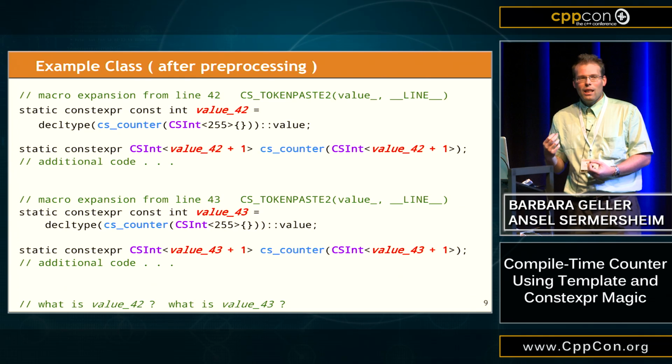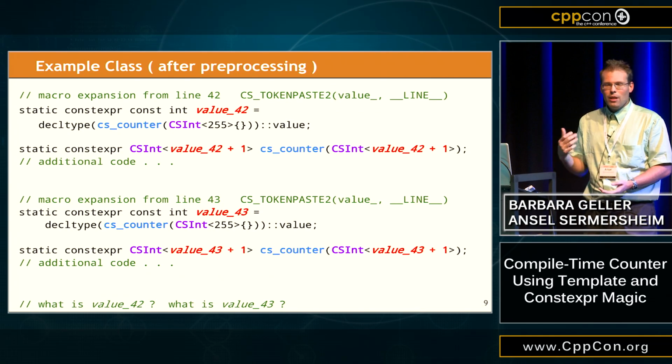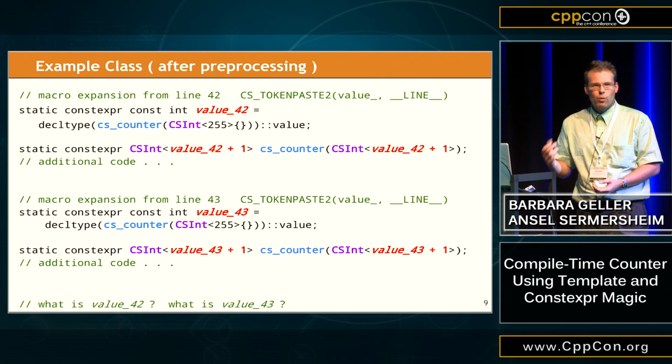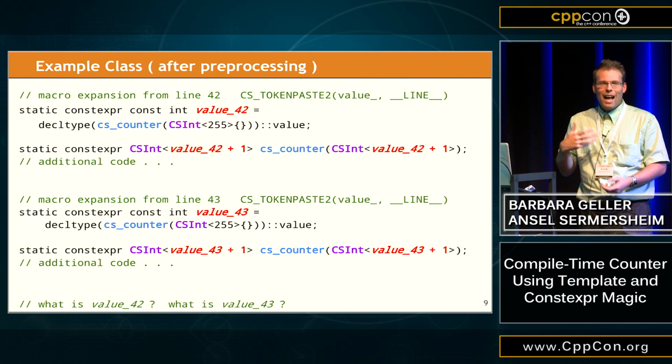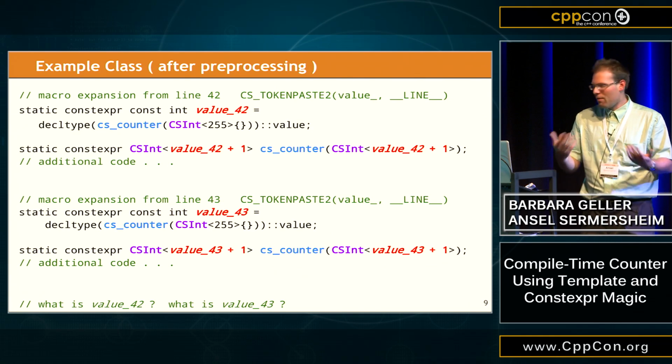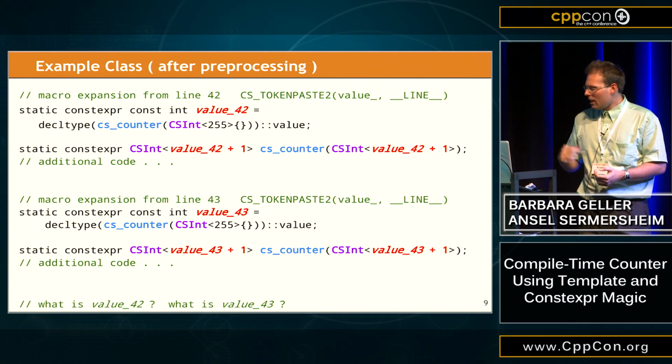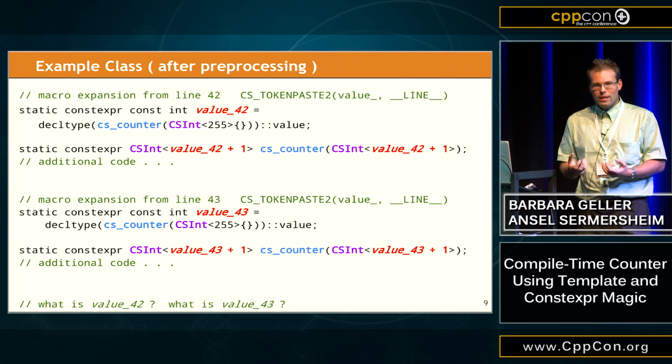The way that I like to look at decltype, and in this particular context we're using an expression decltype, is as a hypothetical statement. It's: if I were to do this thing at this point in the code, what data type would it evaluate to? So in this case, we're saying if I were to call CSCounter with a wrapped 255, what would I get back?